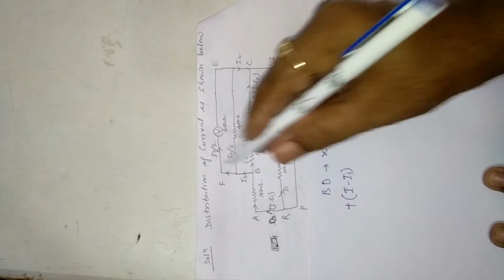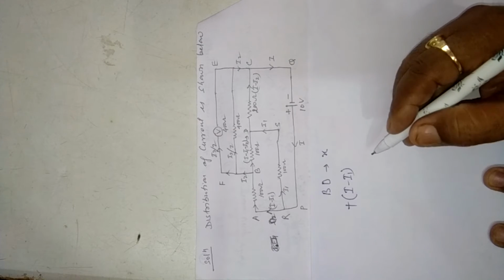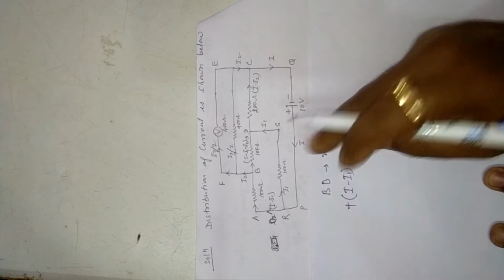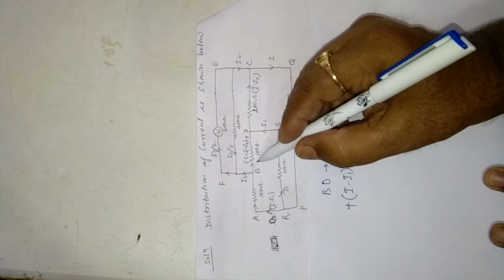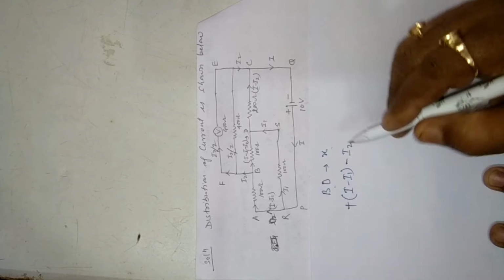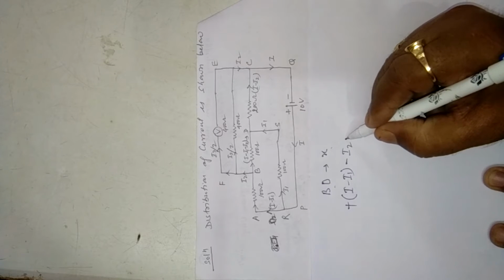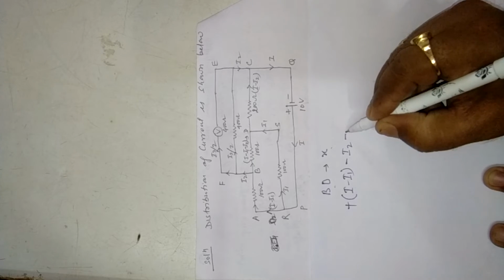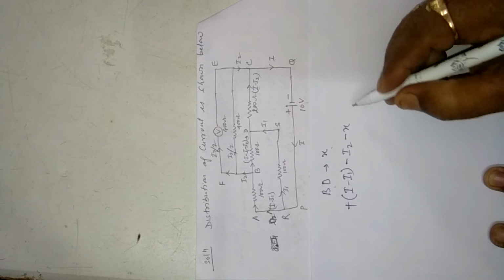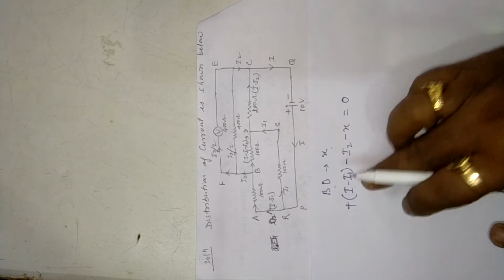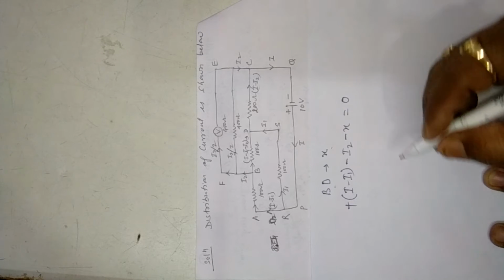From B, I2 is moving away, therefore it is minus I2. And X, which I have supposed moves from B to D, is moving out of the junction, so it is minus X. According to Kirchhoff's current rule, the algebraic sum is equal to 0.